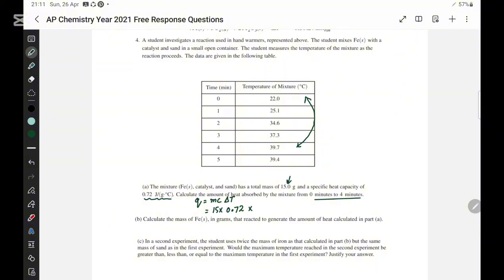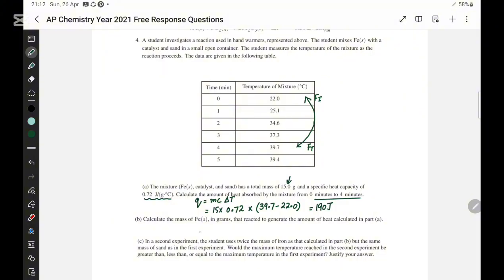So this is going to be the final temperature and this is the initial temperature, and they are going to be subtracted. 39.7 minus 22.0, and that comes out to be 190 joules.